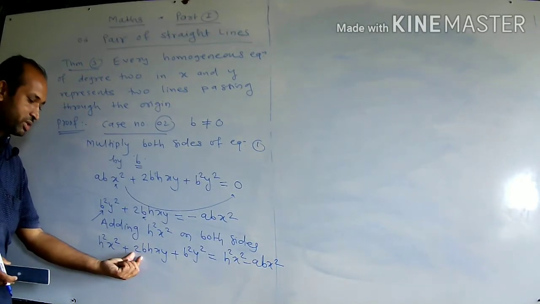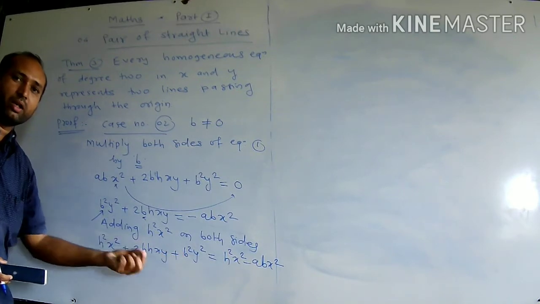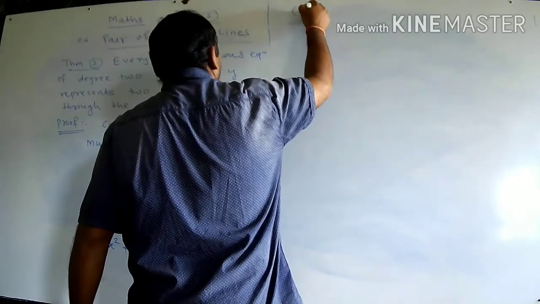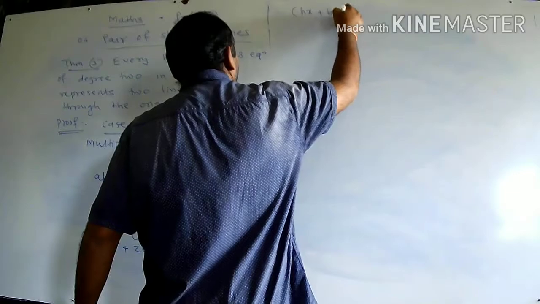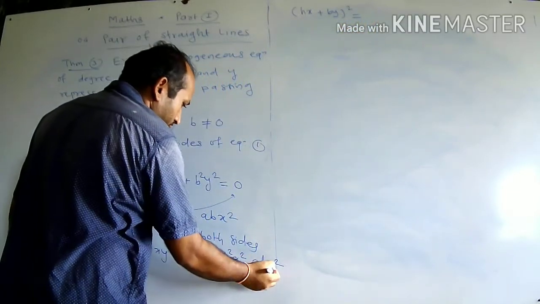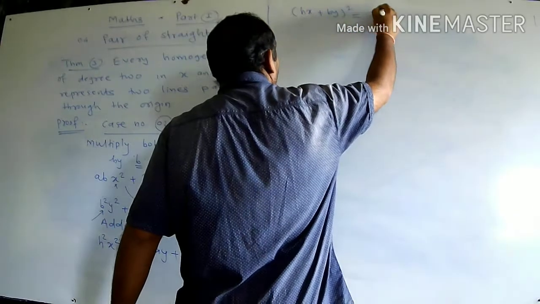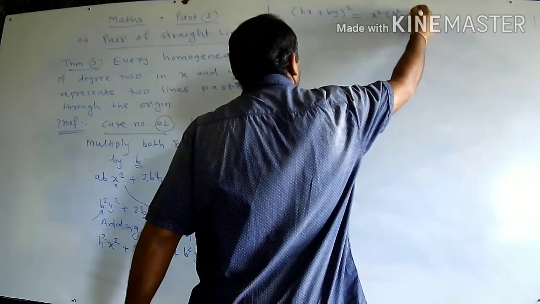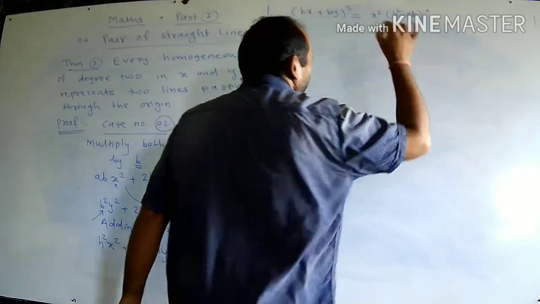So take the square root of the first term, sign of the second term, and square root of the third term, and take the bracket square. So we have hx plus by whole square is equal to, from this right side term we can take x square common. So take here x square common, in bracket we have x square minus ab.